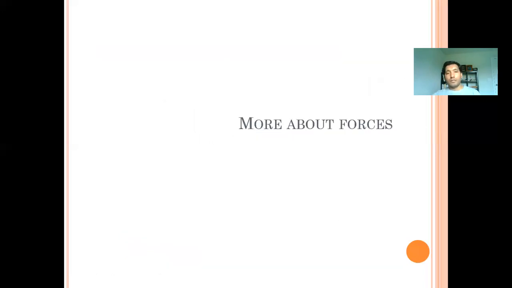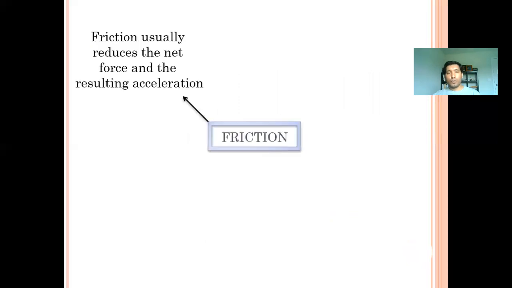So let us discuss more about force. Friction is a kind of force. What is friction? When two objects slide against each other. I have a cell phone, and if I'm trying to slide something over here, there is always a force acting opposite to this motion.